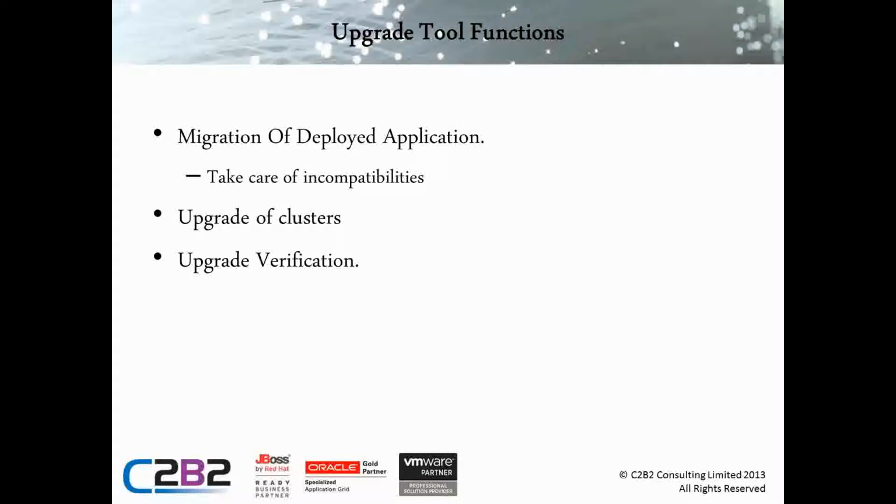But then there might be some incompatibilities. In order to overcome these incompatibilities, you can set the compatibility property to a previous version of GlassFish so that it works straight away on your new version. But then it gives you the time to go back and fix those incompatibilities at a later stage.